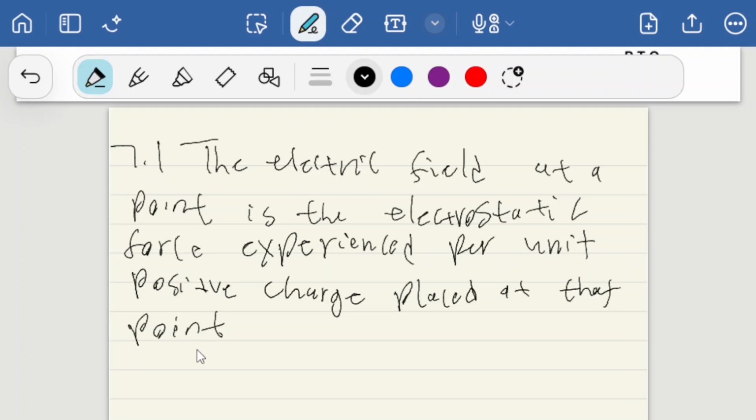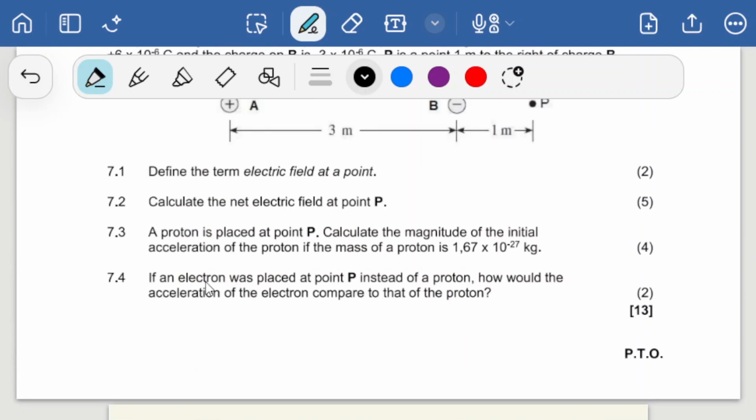That is what we call an electric field around a point.